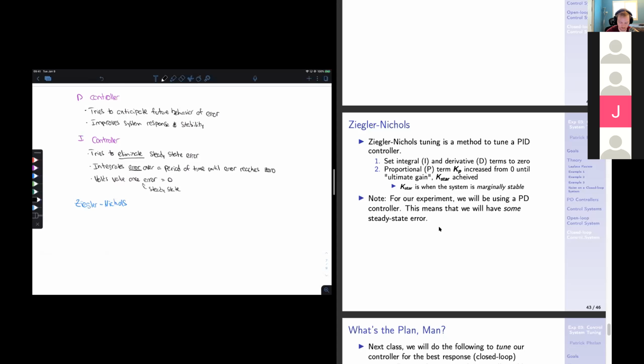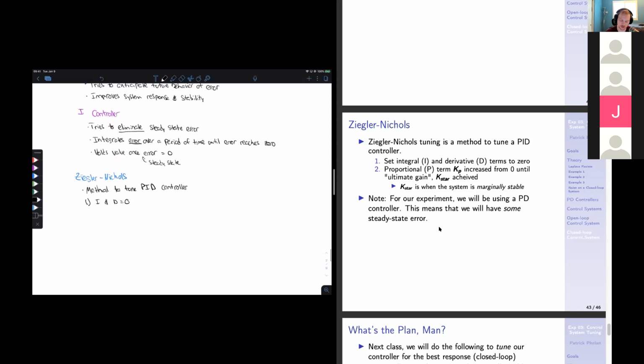Okay, so this is a method to tune a PID controller. So I'm going to put I and D equal to 0. That's our integral and derivative controller.